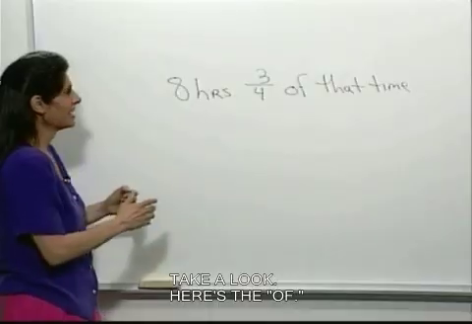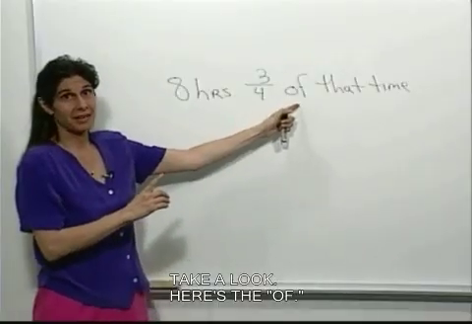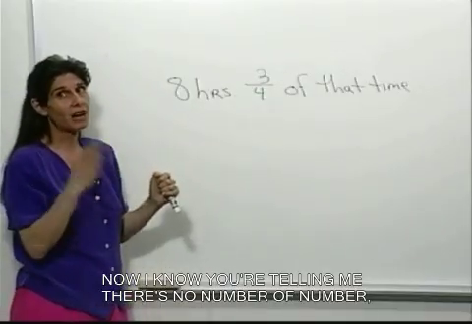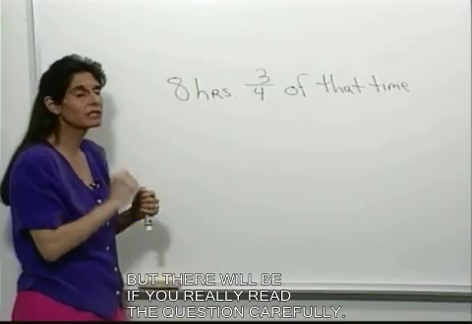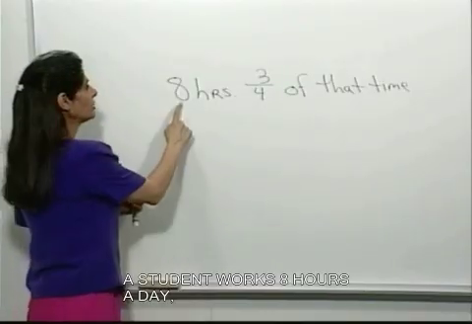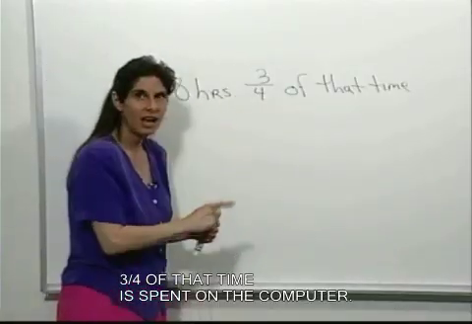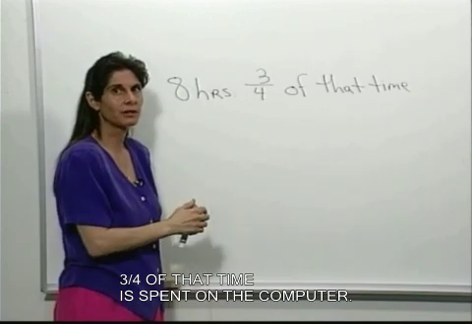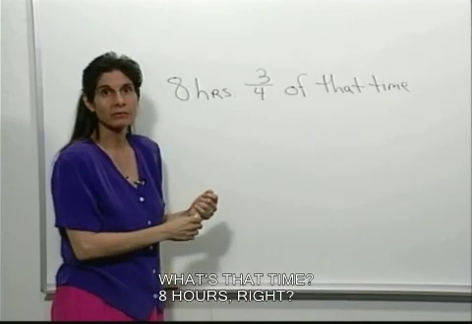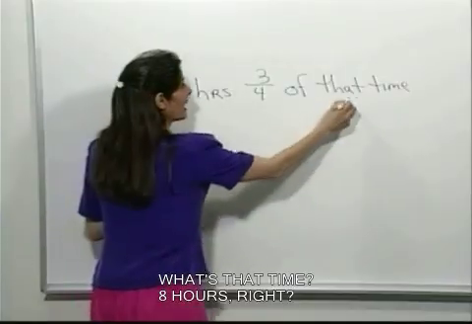Take a look. Here's the "of." Now I know you're telling me there's no number of number, but there will be if you really read the question carefully. A student works 8 hours a day. 3/4 of that time they spent on the computer. What's that time? 8 hours, right?